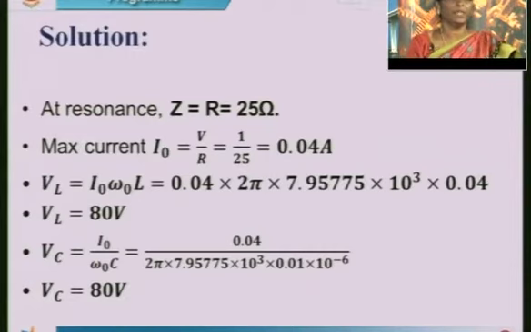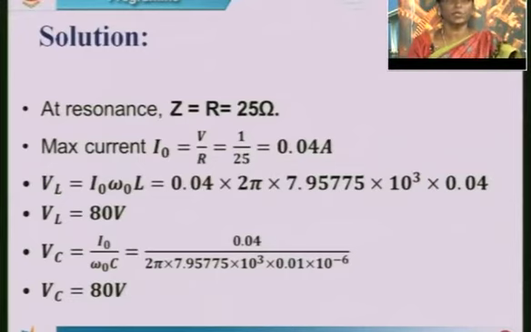If you check here, VL and VC are magnified because the applied voltage is 1 volt and it is magnified by 80 times. That magnification factor is called the quality factor. You will get the same voltage when you find, at resonance, Q equal to omega naught L by R, and the voltage across the capacitor is V into the quality factor.